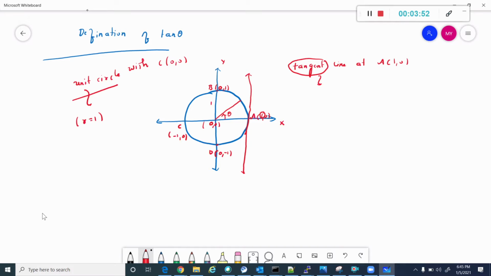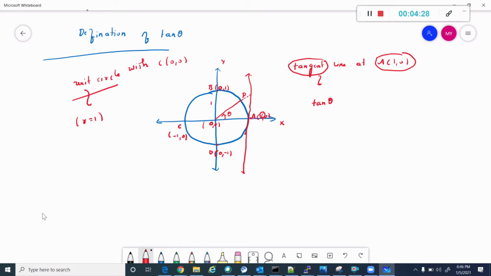Here the point is A, so this is my tangent, and this line is fixed. I have rotated OA to become OP through an angle theta. Theta is positive, so it is anti-clockwise, which should be understood from the diagram. If I want to find the tan theta value, the visualization you have to get is to extend OP to meet the tangent line.